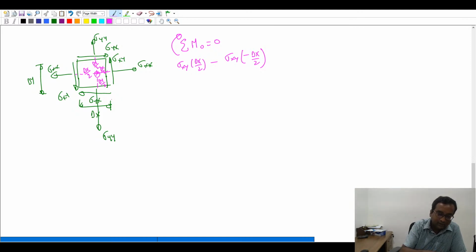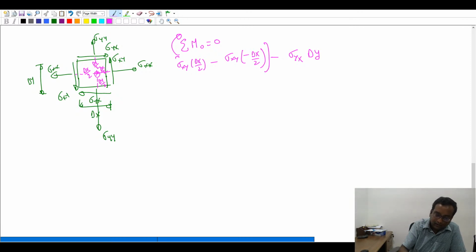This produces a sigma xy, and xy produces an anti-clockwise moment, right? Whereas sigma yx produces a clockwise moment. Okay, minus sigma yx into delta y.